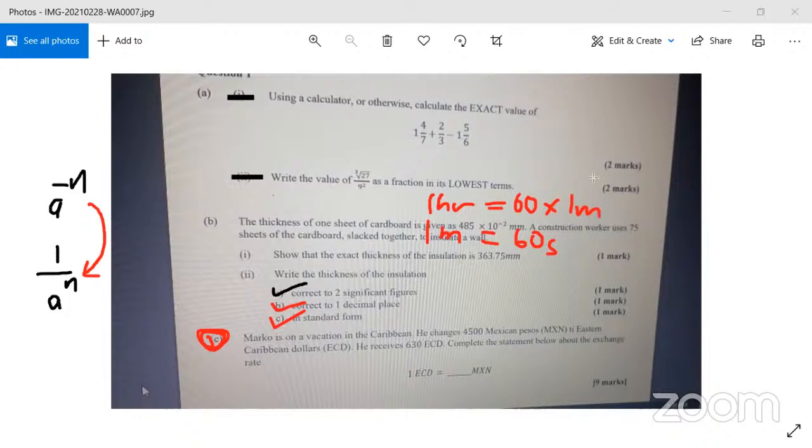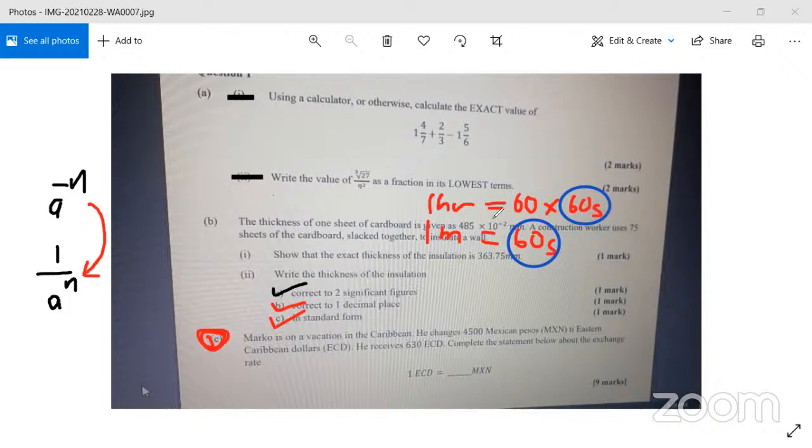So what do you really have in here? You have 60 times 60 seconds. That's what you really have. So you could literally replace this with 60 seconds. This is what tells you how many seconds will be in 1 hour.